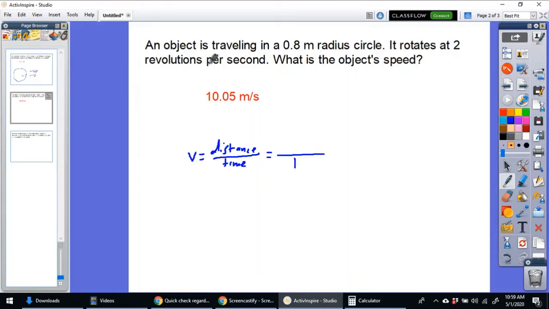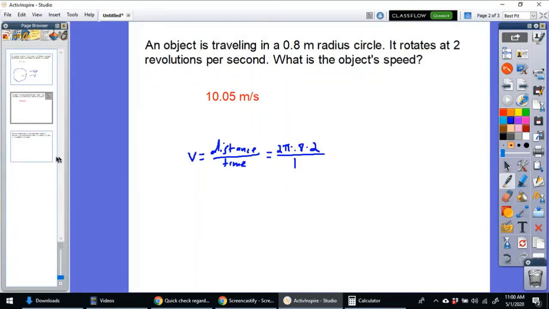And how far did it travel in 1 second? 2 revolutions, which is 2 circumferences. So I'm going to do my circumference again, 2 pi times the radius, and it did that twice. So the distance is that times 2, and the time is 1 second. So if you do this, you get the 10.05.